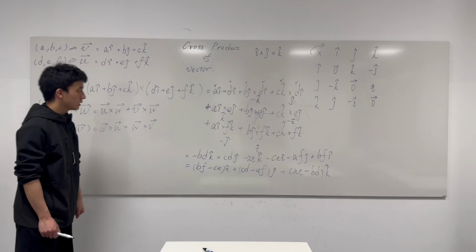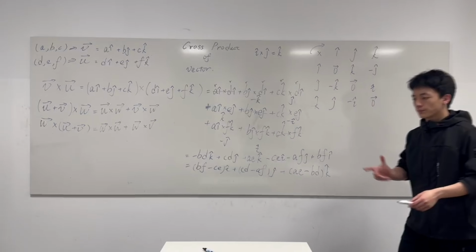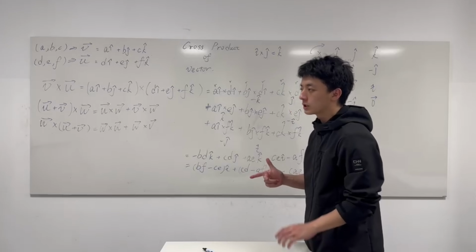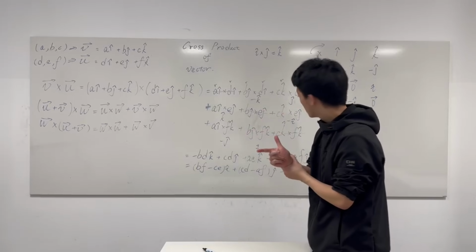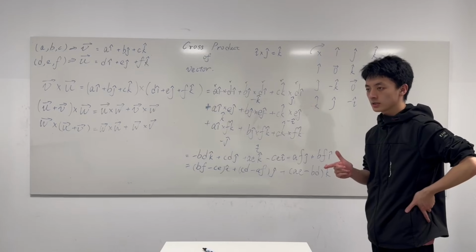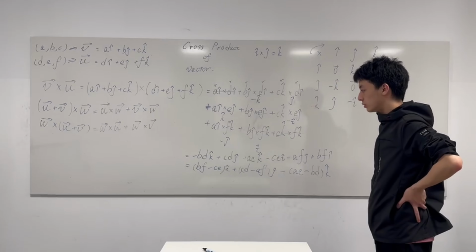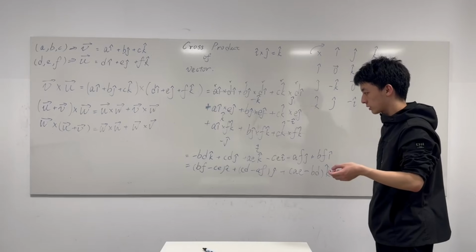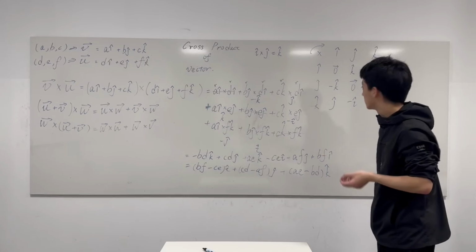So the thing is, we have to use the definition of the right hand rule to check the sign of the result of the cross product of two unit vectors.